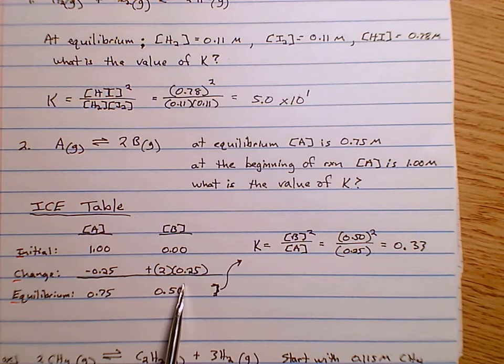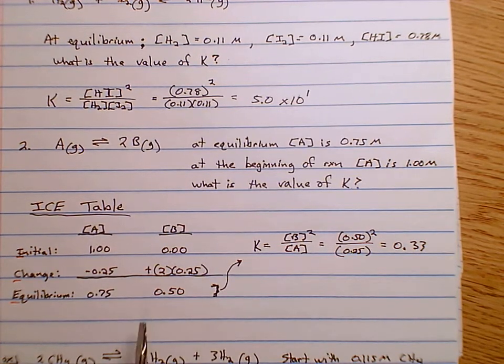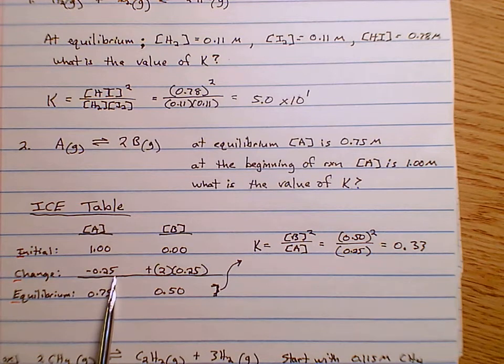So the change in B is our change in A, minus 0.25, but it's going to be plus, multiplied by the stoichiometry of our reaction. If 0.25 molar A goes away, 0.5 molar B comes into existence.